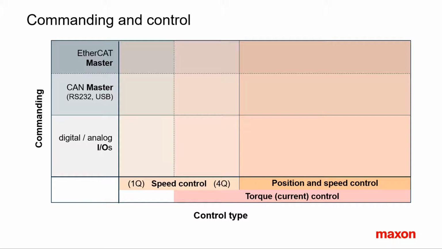Let us place the maxon controller families in this scheme. The DEC modules are simple one-quadrant open-loop or closed-loop speed controllers based on the low-resolution Hall sensor feedback. An analog 0 to 5 volt signal serves as the speed set value. SCON servo controllers are four-quadrant dynamic speed controllers for brushed or brushless motors.